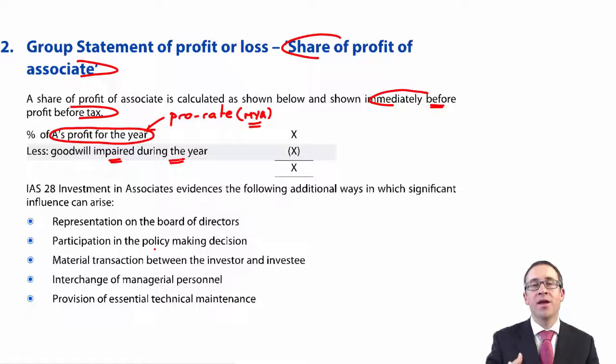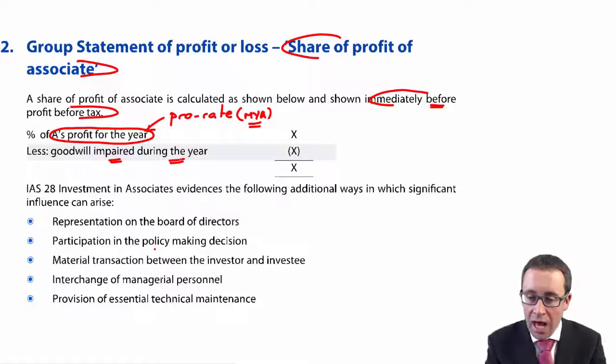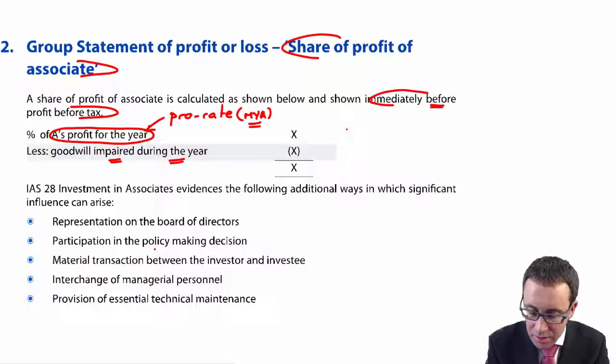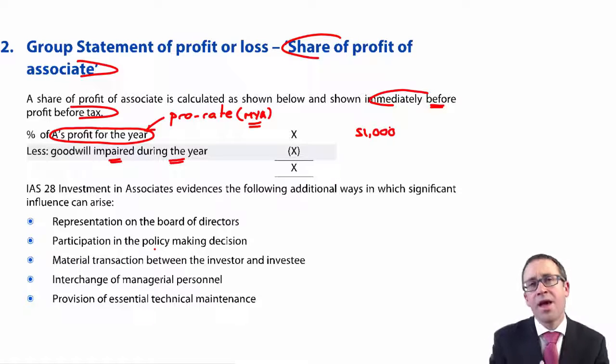On the SFP, everything is cumulative, isn't it? In profit or loss, it's just for that year. So based upon our numbers before, did we take 30% of 170? That was our ownership at 30%. A's profits for the year were 170.